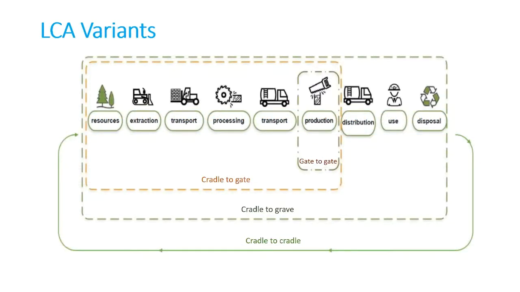Actually, there are 4 well-known variants of life cycle assessment, named gate-to-gate, cradle-to-gate, cradle-to-grave, and cradle-to-cradle. Since we do not include the distribution, use, and disposal steps in our example case study, it can be said that our system represents a cradle-to-gate life cycle assessment study.